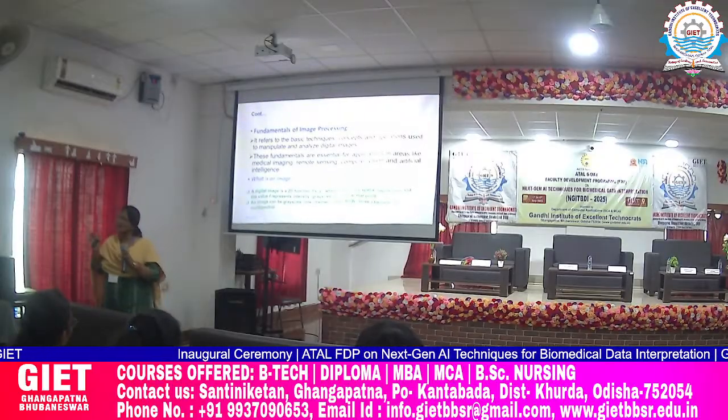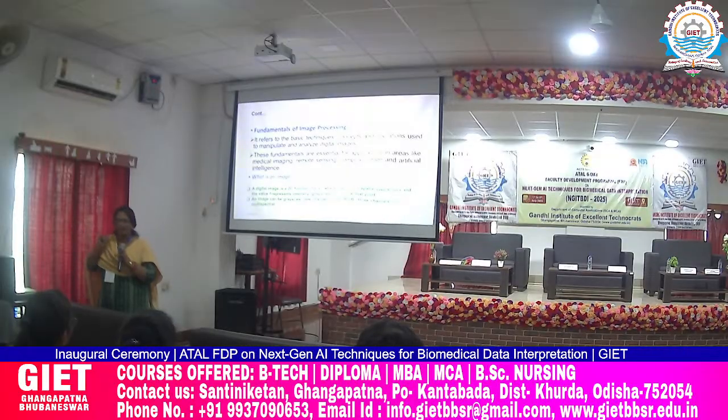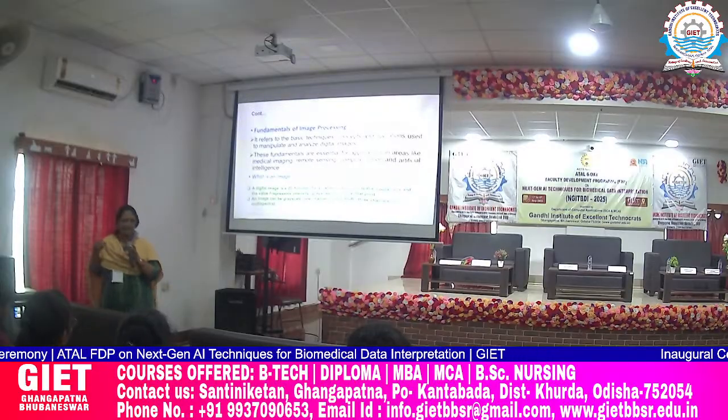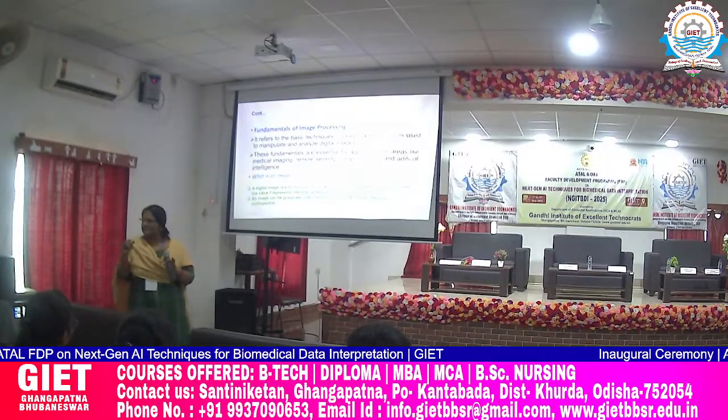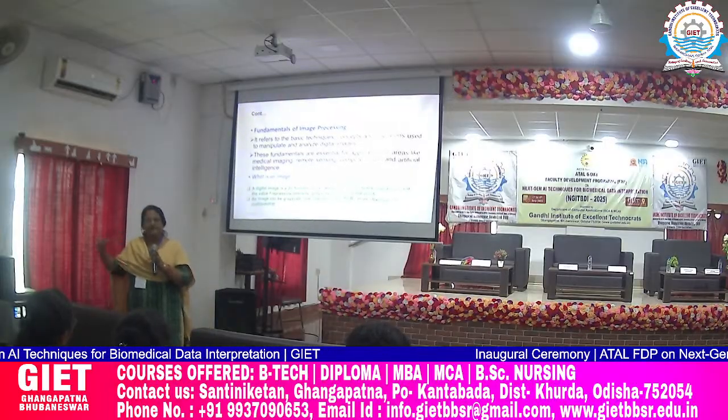And the 2D image range is 0 to 255, which is 2 to the power 8. It is an 8-bit image. Similarly, what is the RGB image, meaning a colorful image? Red, green, blue.